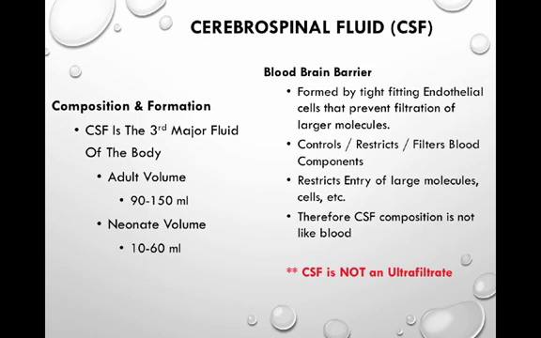So in diseases like meningitis, where you have an inflammation of the meninges, or multiple sclerosis, we might see substances in cerebrospinal fluid that we normally shouldn't. So due to the blood-brain barrier, CSF composition is very different from that of plasma.